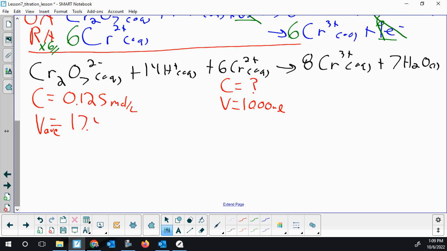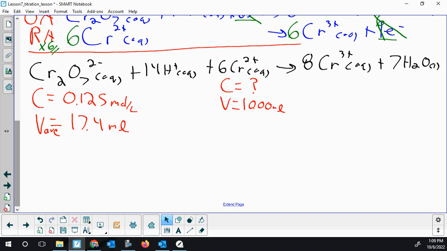It's really important with titrations to collect and organize your data. You don't have to do it the way I'm doing it, but I think it's a great strategy. Write your equation, then organize your information under your reactants so you can really make a good plan. Okay. So how are we going to solve this? Well, we have to have some chemical that we know the moles. Well, we know the C and V of dichromate.